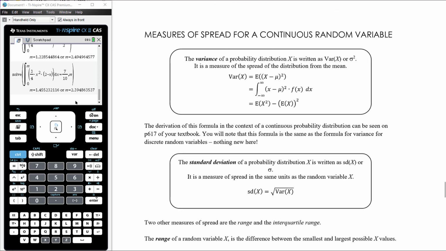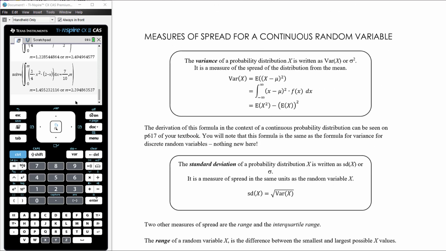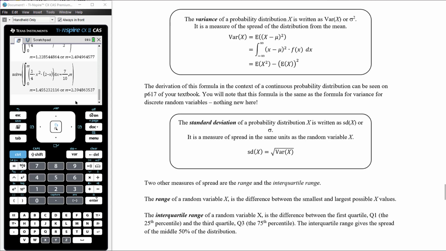So measures of spread, we still have variance and standard deviation. The formulas for variance are still the same. It is the average of the squared distances from the mean, which in terms of the calculation formula is the expected value of x squared minus the expected value of x, all squared. And then the standard deviation is the square root of the variance.